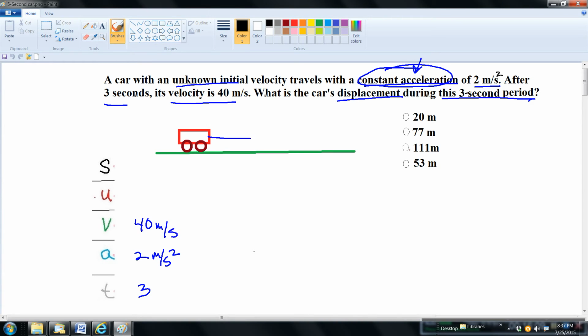And so this thing is going to the right, and it's going to travel for 3 seconds. And at the end, in the 3rd second, it's going to have a velocity of 40 meters per second. We don't know what its initial velocity was. And what we're interested in is what its displacement will be.